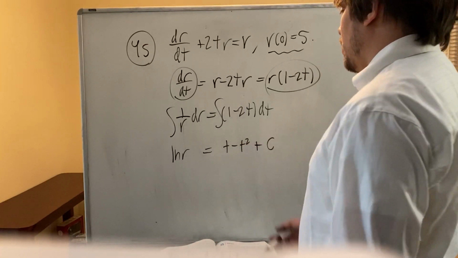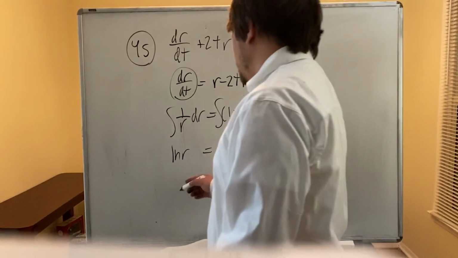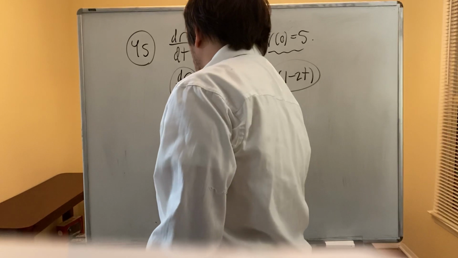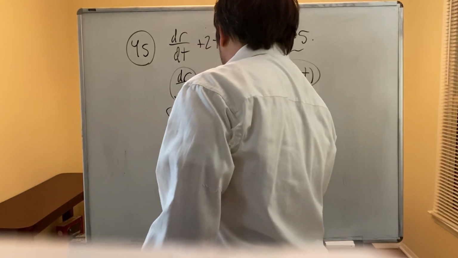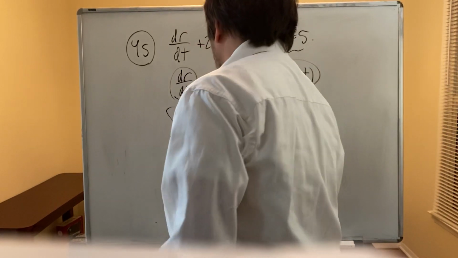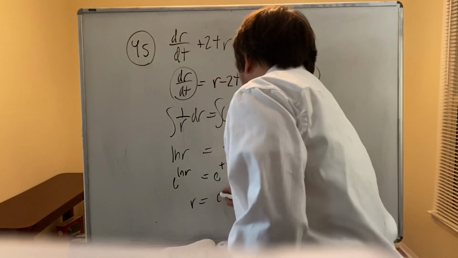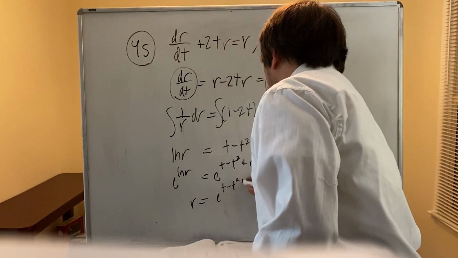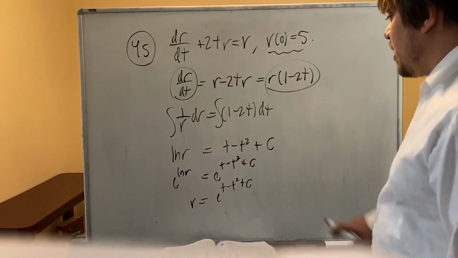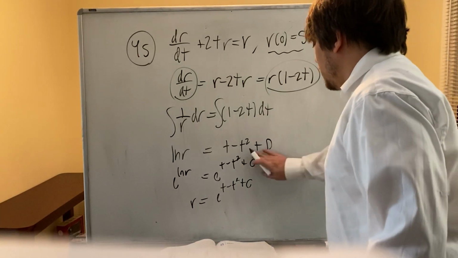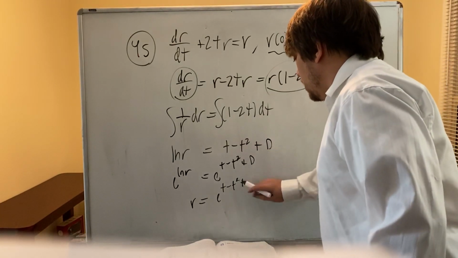You could solve for r explicitly in terms of t. You take e of both sides, so e to the ln r equals e to the (t minus t squared plus a constant). You get r is equal to e to the (t minus t squared plus a constant). Actually, I'm going to use plus d for the constant, and here's why.